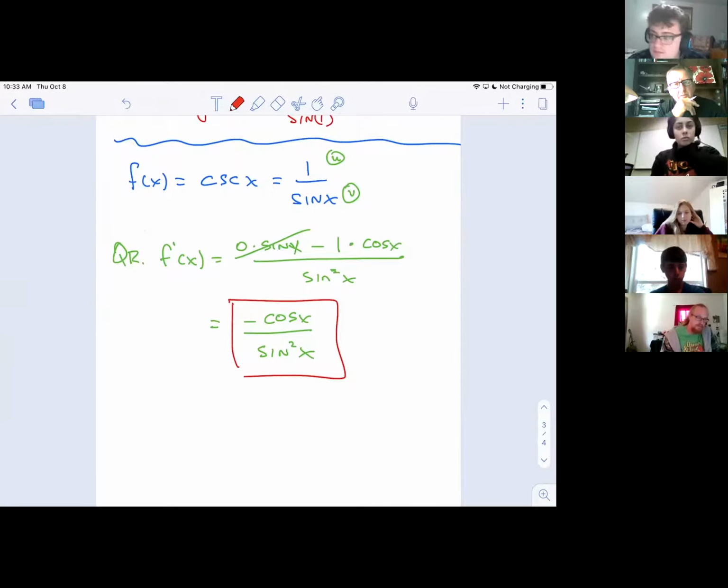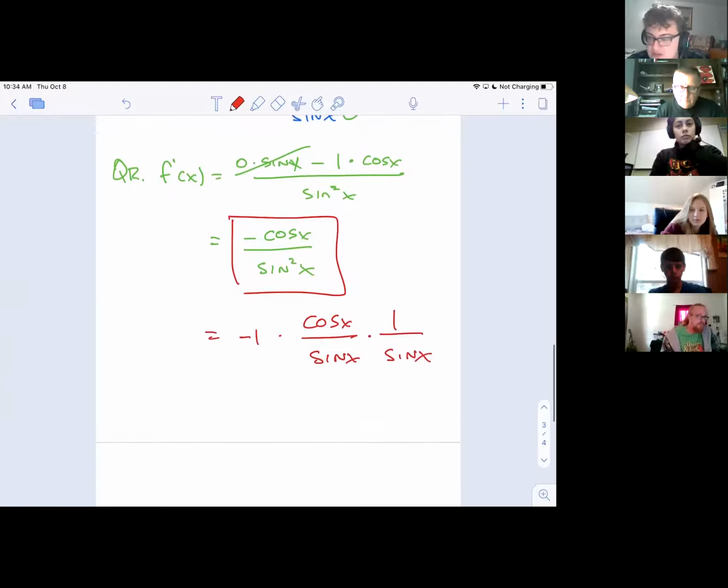What could I do to this to rewrite it, or to get it to look like what's on my sheet? And again, that doesn't make what's on my sheet or what's in your math book better. So we have a cosine over sine there, which is cotangent, and then we have a 1 over sine there, which is a cosecant. So that's negative cotangent times cosecant, right?